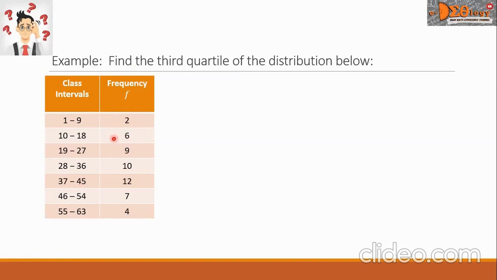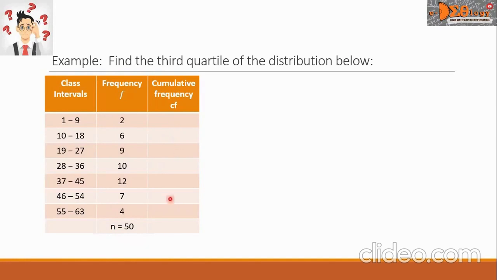A frequency of 6 for the class 10 to 18. Also, we have 9, 10, 12, 7, 4 frequencies respectively. We can now compute for the total number of frequency, and that is the n. This is equal to 50.